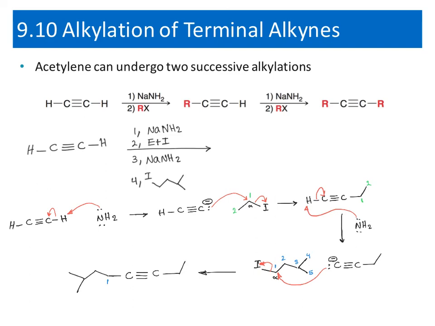This is carbon 1, 2, 3, 4, and 5. And these are the carbons from the previous step. So this is the final structure that we can have.